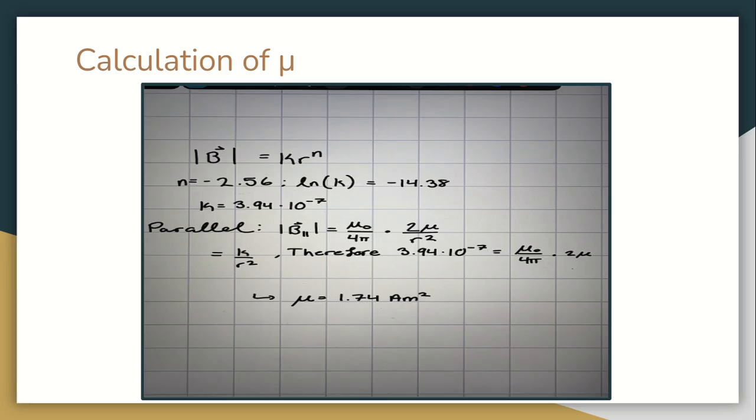So then we raise that to the e power and find that k is equal to 3.94 times 10 to the negative 7th. Then we use this to plug in for our B perpendicular. We find that mu naught over 4 pi times 2 mu over r cubed equals k over r squared. Therefore, 3.94 times 10 to the negative 7th equals this expression, and therefore mu is equal to 1.74 ampere meters squared.